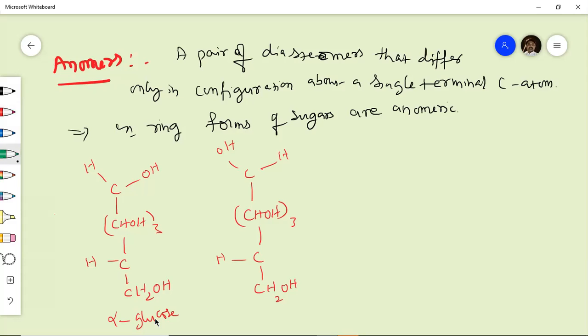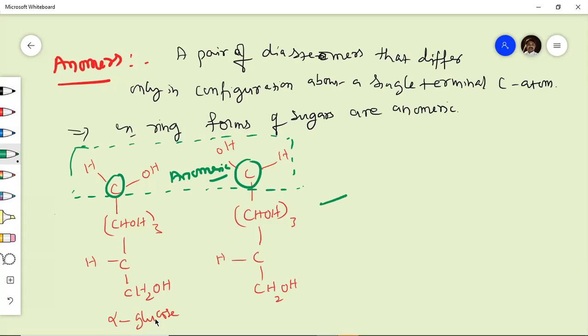Now observe this green part I am marking here. That is a terminal carbon, and we will call this carbon the anomeric carbon. The rest of the structure of both compounds is exactly the same, alpha glucose and beta glucose.